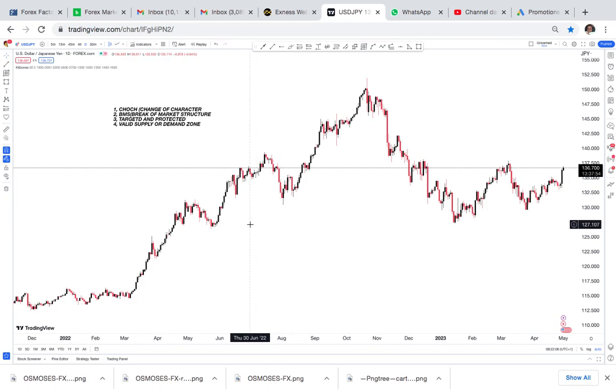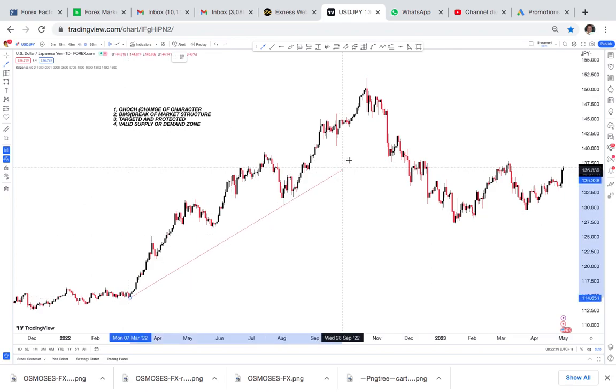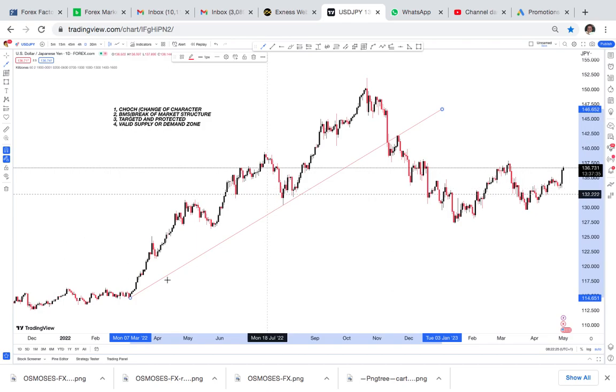Change of character simply means the change in the trend of the market. For example, this market from here, this is on a daily, has been trading upward, going up, retracements, up, retracements, up.